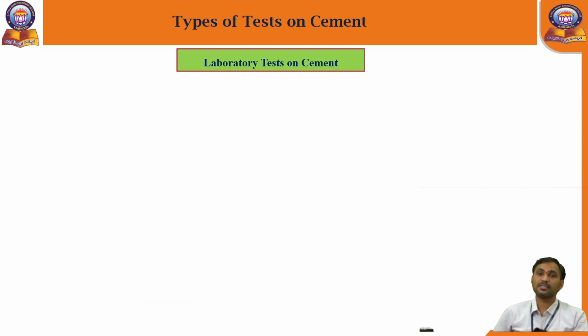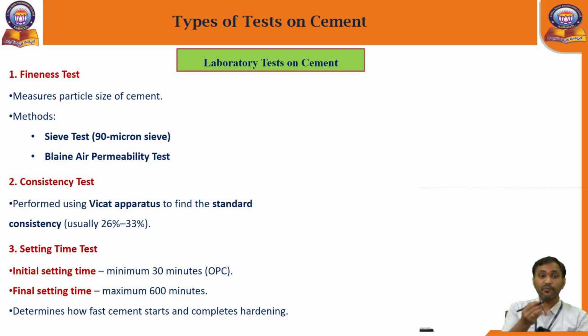Okay, next, laboratory tests. There are different laboratory tests that are conducted only in laboratories. Those types are fineness of cement, consistency of cement, and setting time of cement. First, what is meant by fineness of cement? Fineness means we find the size of the cement.